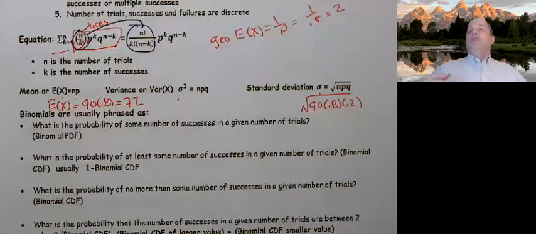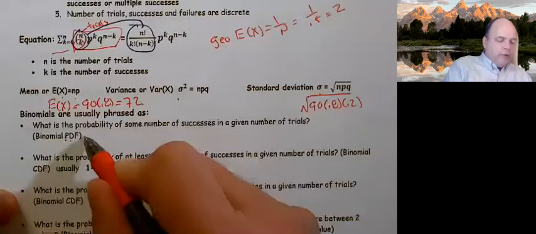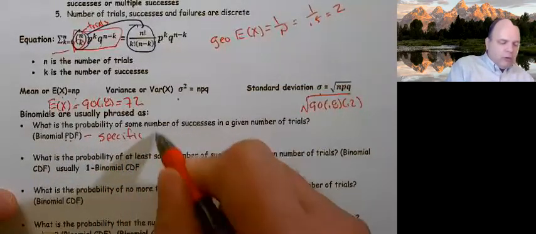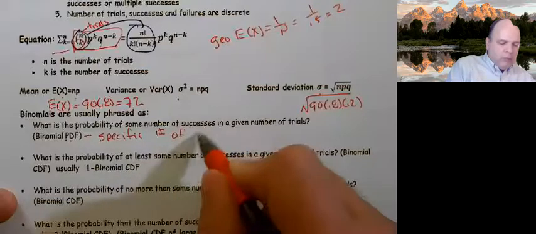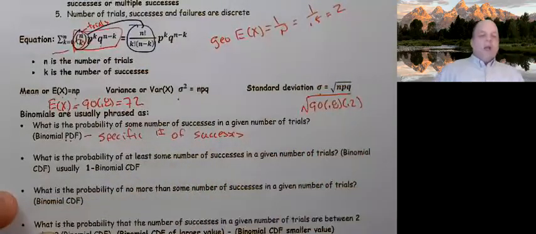Binomials are, given that we're going to do this 10 times, what's the probability we have 3 successes or 4 successes? And if we have a specific number of successes, that's a PDF. So PDF is a specific number of successes out of a specific number of trials.